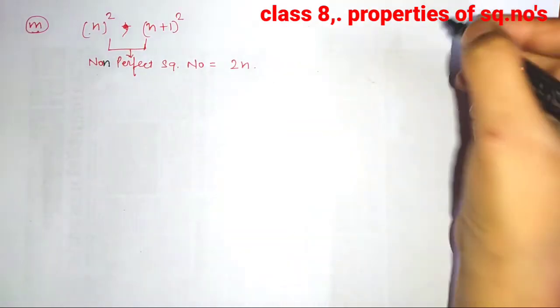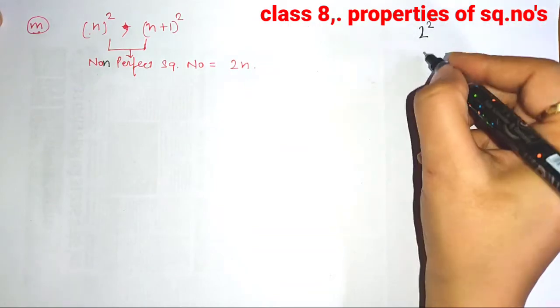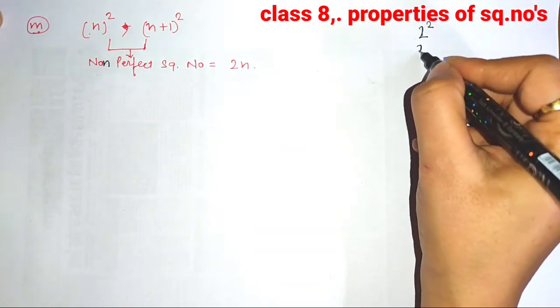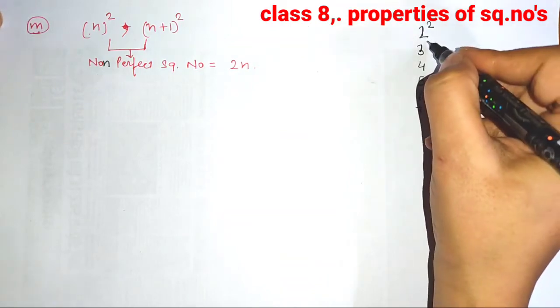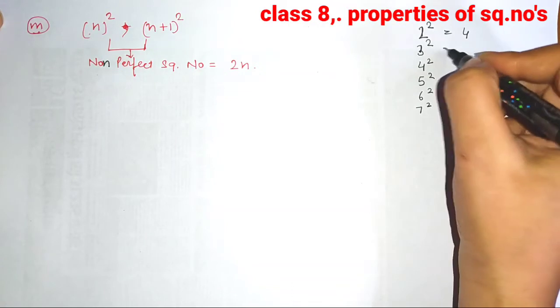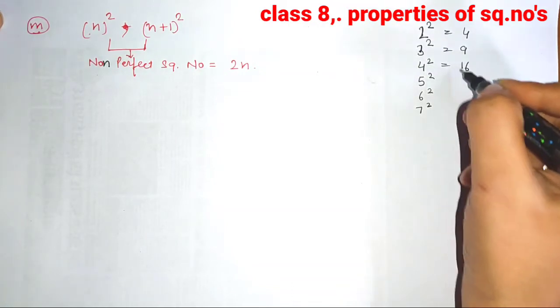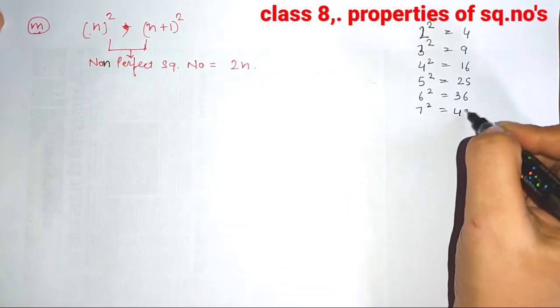Now see, we take 2. These are the consecutive numbers 2, 3, 4, 5, 6, 7. When you square these numbers, you get 4, 9, 16, 25, 36, 49.